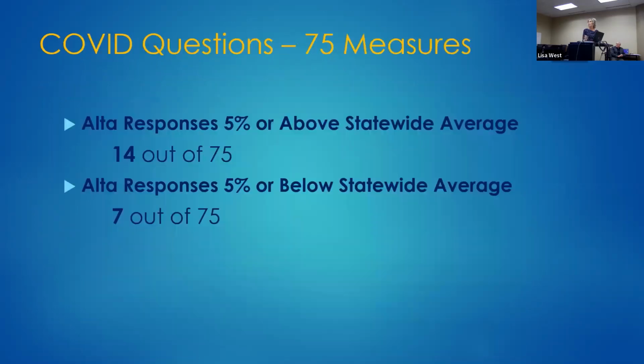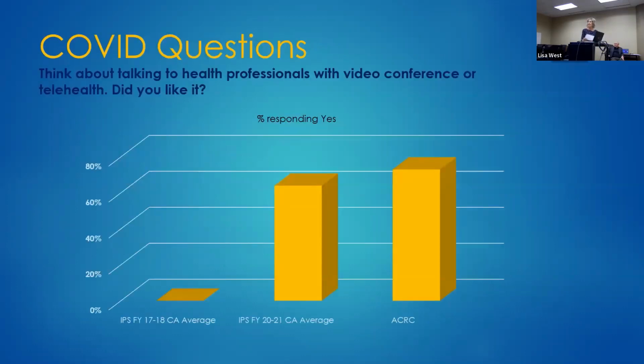Next, we have some COVID questions. As Herman mentioned, these surveys were conducted during the pandemic, and I think the results reflect that. We had 14 out of 75 measures where we were above the statewide average and 7 where we were below. One of the questions is thinking about talking to health professionals with video conference or telehealth.